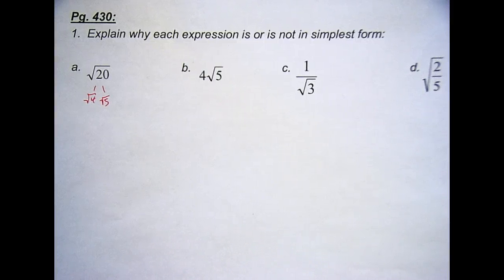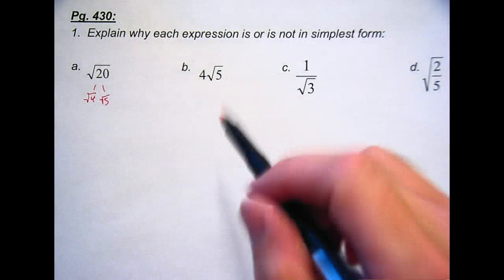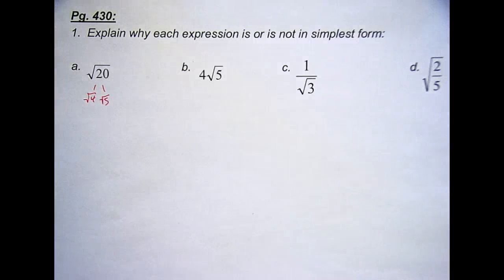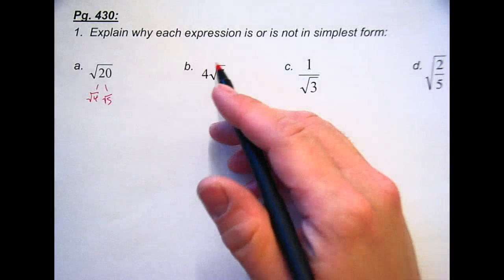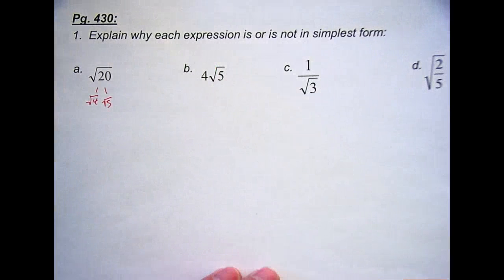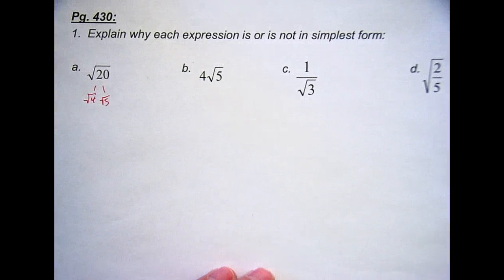All right. Number 13, Ryan. Letter B. I'm going to say that it is simplified. It is simplified? Yeah. Okay. Why? Because it's with root of 4. Or, I don't know.